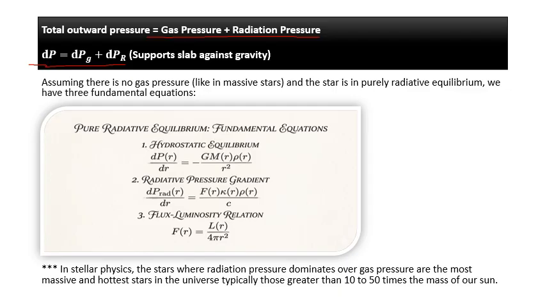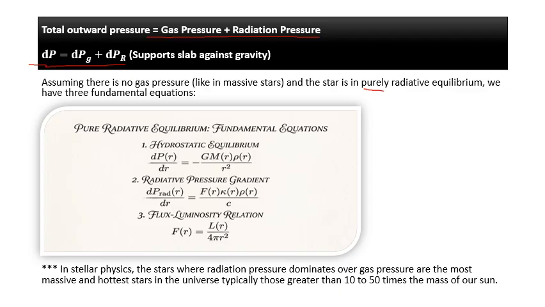Now we assume a hot massive star, a red giant star, much larger than the sun. We assume that there is no gas pressure because the radiation pressure is too dominant, and the gas pressure becomes negligible. Therefore we say the star is in purely radiative equilibrium.